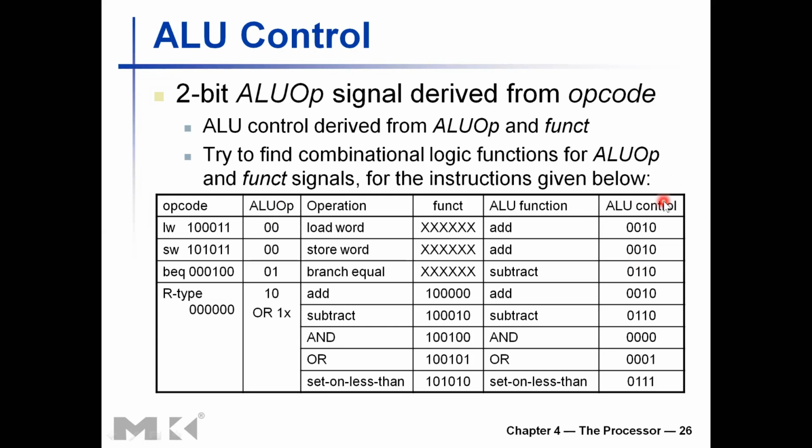Now, can someone tell me why we do this generation of the ALU control signal in 2 steps? Can someone make a guess why this is done so?